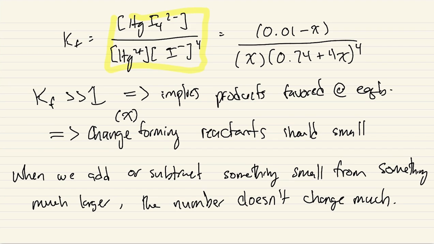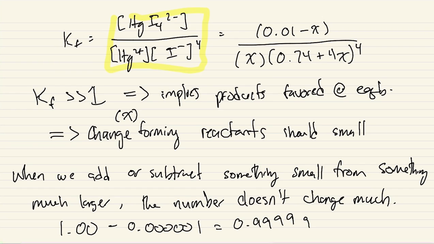Right, if we have 1.00 minus 0.000001, that equals 0.999999, and that's basically just equal to 1.00, right? If we subtract or add something very, very small, it does not change that number hardly at all, right?